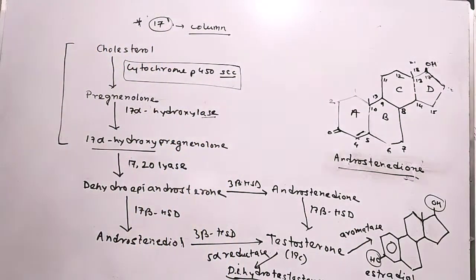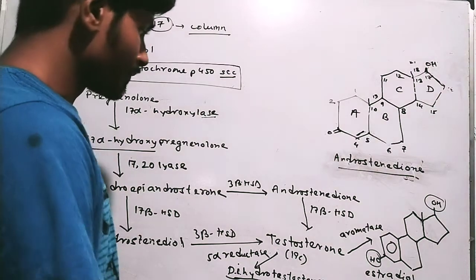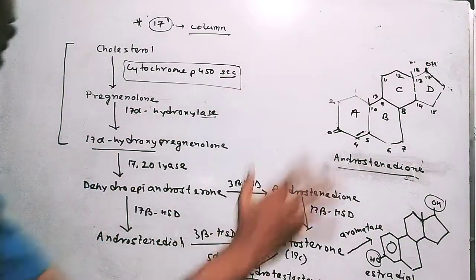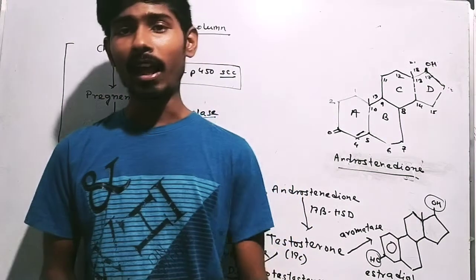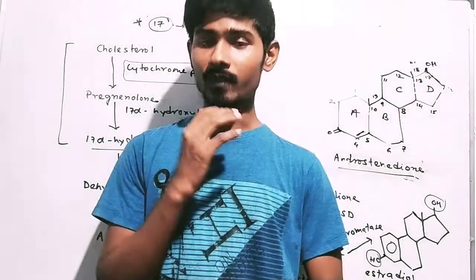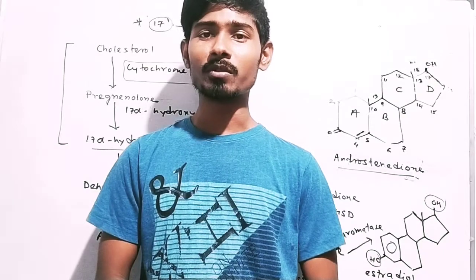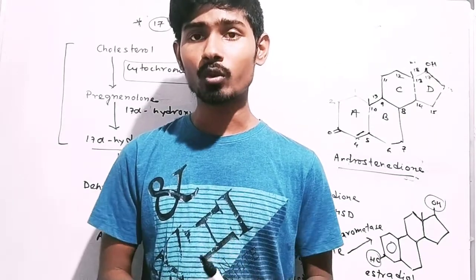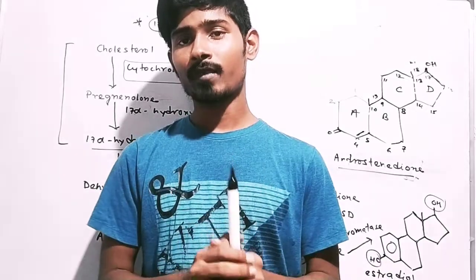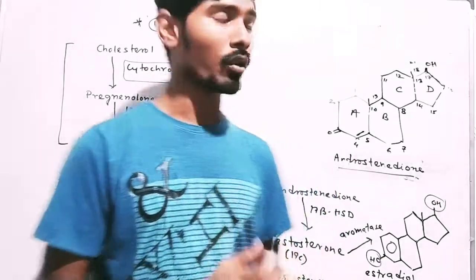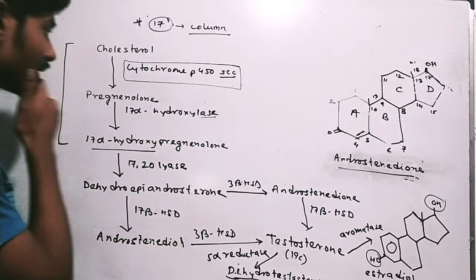Okay, so this is the overall view of the steroid hormone synthesis pathway, and this is the last video on steroidogenesis, because I have talked about all the basic pathways that are there, but you can also get some other reactions here.